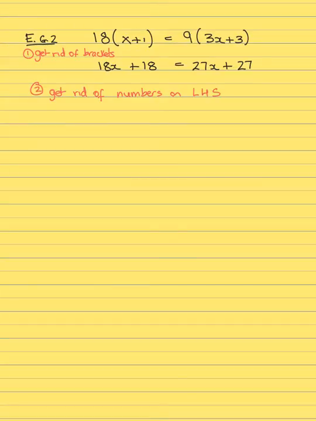The number we want to get rid of on the left-hand side is 18. We want to get rid of this. That means we subtract 18 from both sides. So to subtract 18 from the left, subtract 18 from the right. That means we have 18x equals 27x, and 27 minus 18 is plus 9.